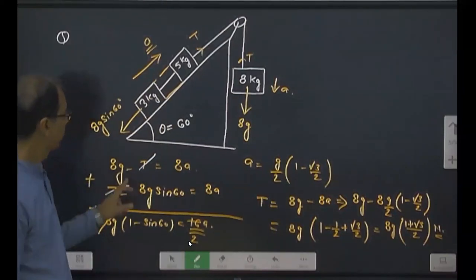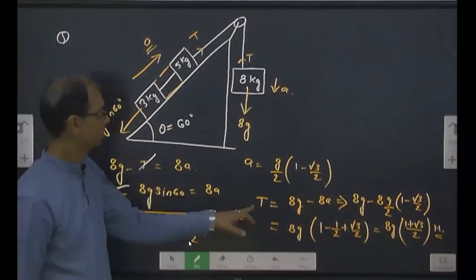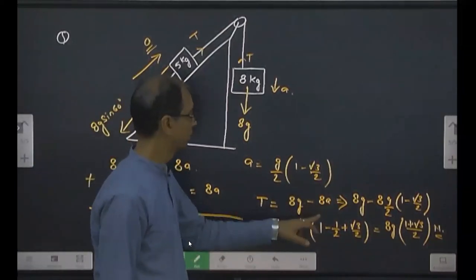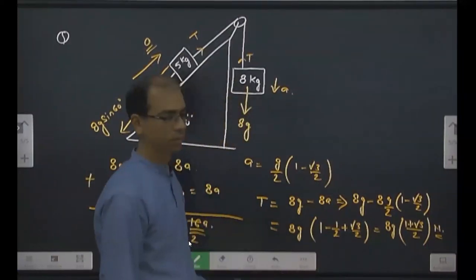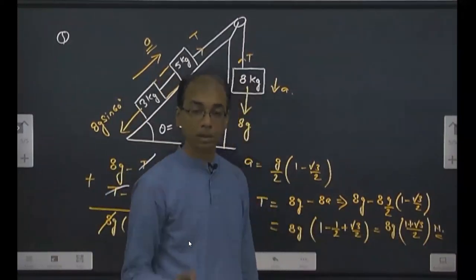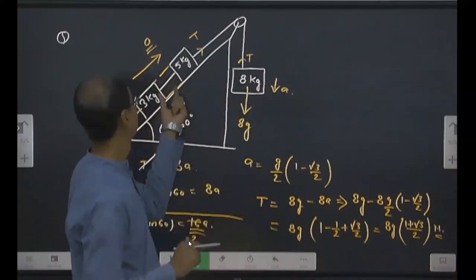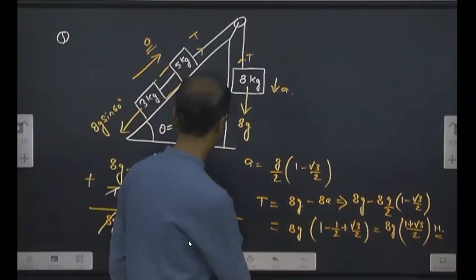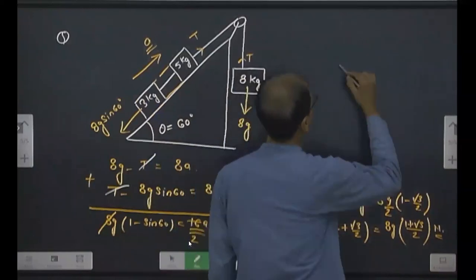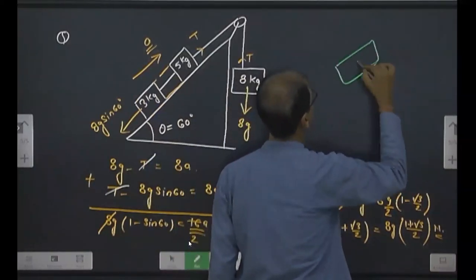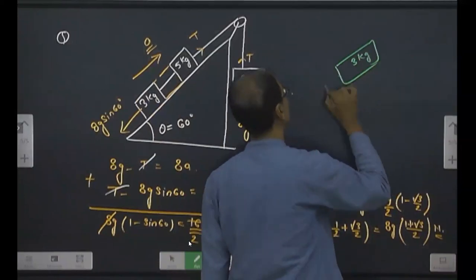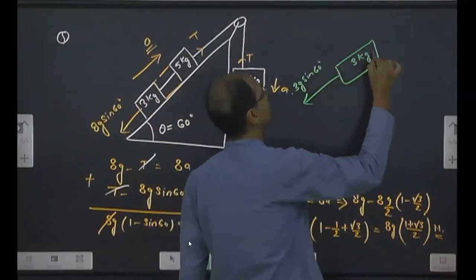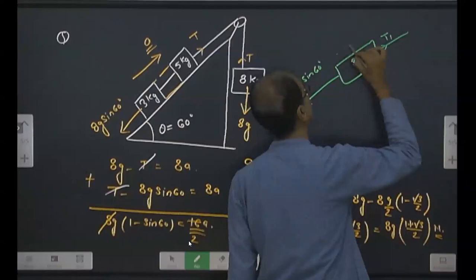Now, tension. So this is the equation for me. T equal to 8g minus 8a. And I put the acceleration value and solve. I got this one. Still one more thing I have to find. Tension between these two. We can do that. For that I'll be making the 3 kg free body diagram. And here is 3 kg. In this direction, there is a force 3g sine 60 acting, and here will be some tension T1, and its acceleration we already know.